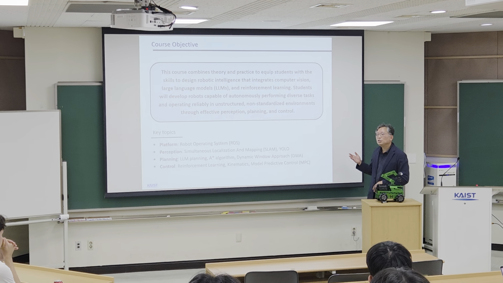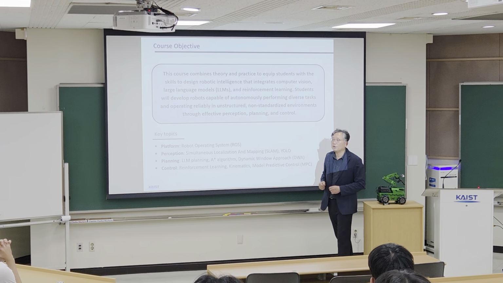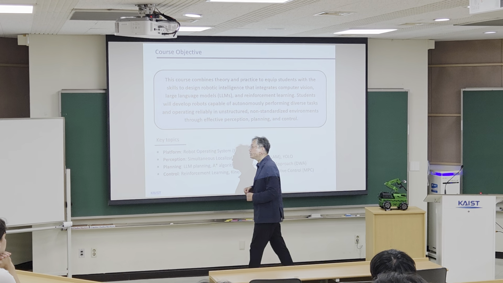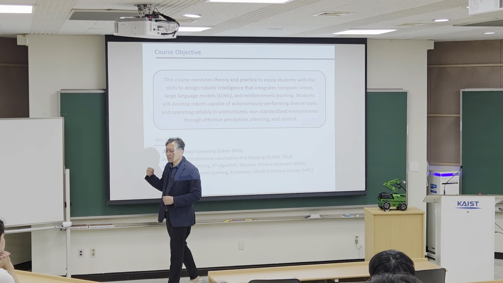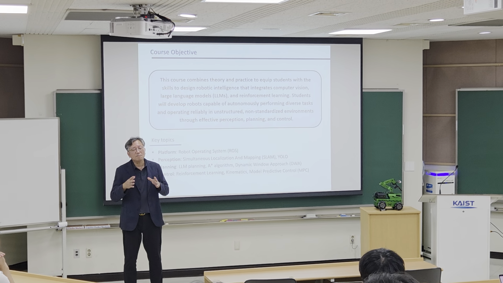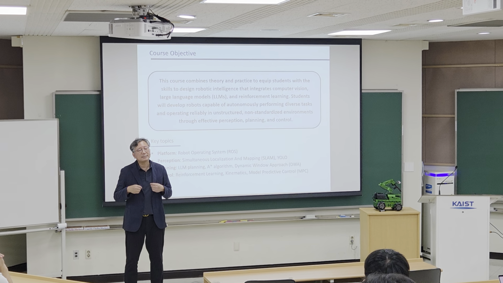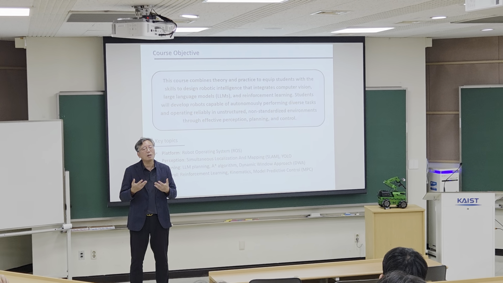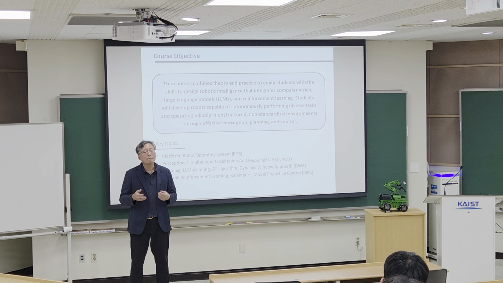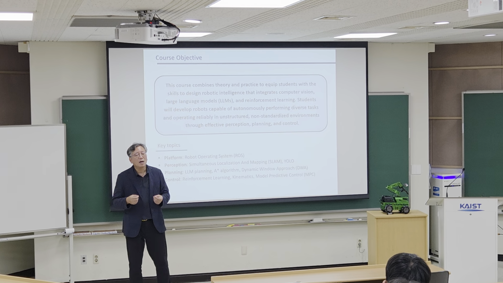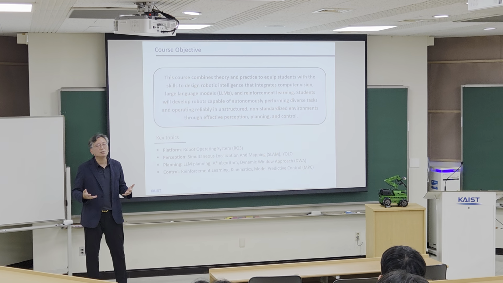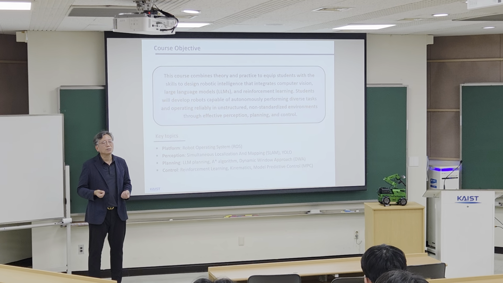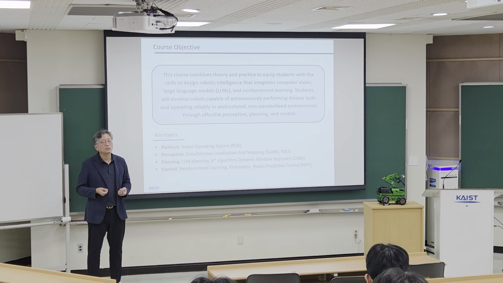And we're going to teach you how to do reinforcement learning, which is an AI topic that allows policies to be generated. A policy is, given the situation, what sort of action the robot is supposed to do.